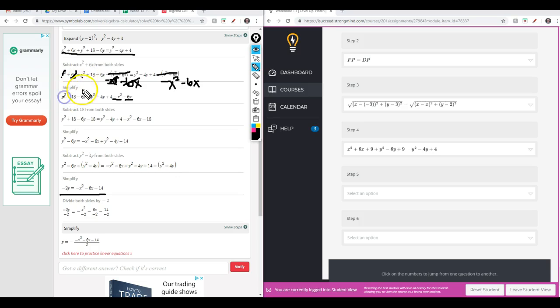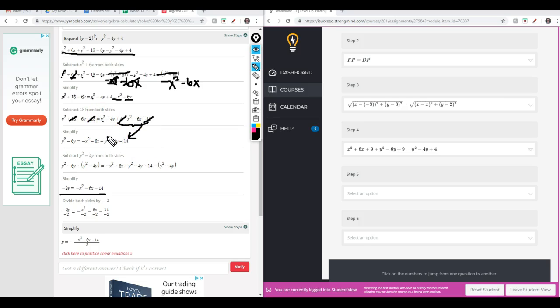So this y squared comes to here, plus 18 minus 6y equals that y squared minus 4y plus 4, and again it was that minus x squared minus 6x. So then we're going to subtract this 18 from both sides, because 18 minus 18 reduces out to 0. And then positive 4 minus 18 does reduce down to negative 14.